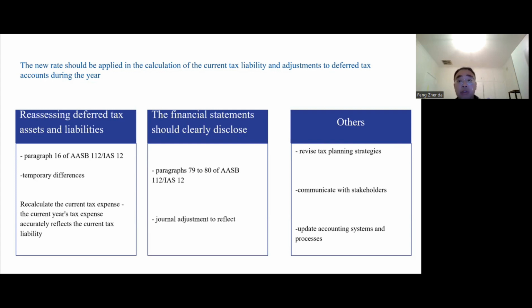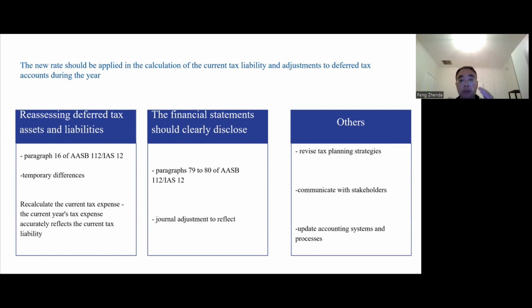The current tax expense in the income statement must be recalculated based on the new tax rate to ensure that the current year's tax expense accurately reflects the current tax liability according to the revised rates. Then the financial statement should clearly disclose the impact of the tax rate change.